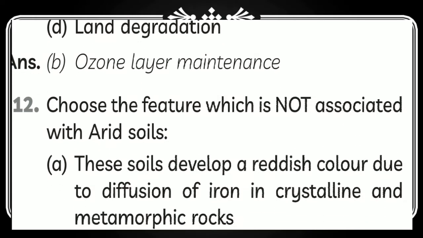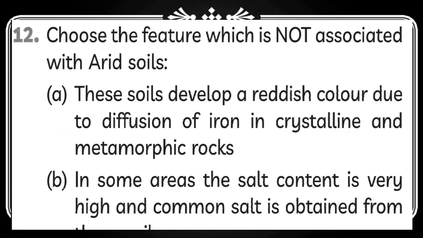Now the next question is, choose the feature which is not associated with the arid soil. So option A is, this soil develops a reddish color due to the diffusion of iron in crystalline and metamorphic rock. Option B is, in some areas the salt content is very high and common salt is obtained from this soil.